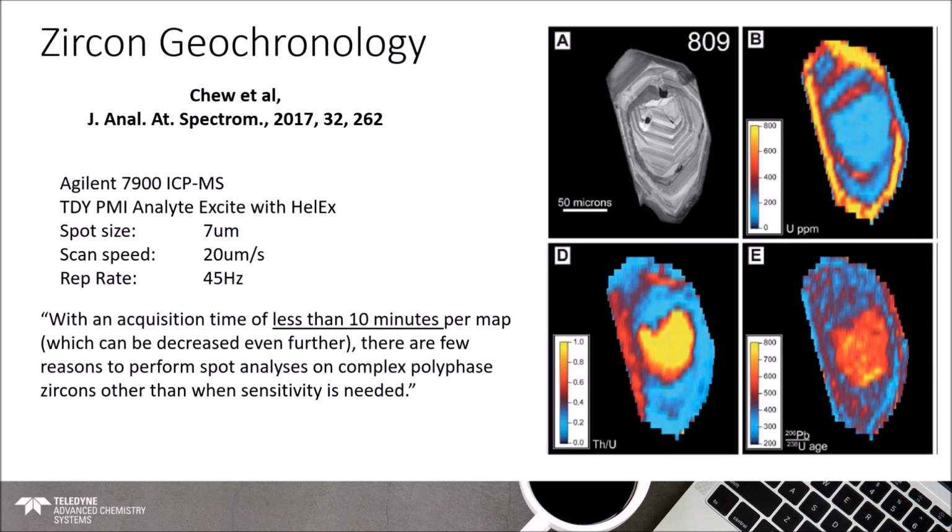What we've seen more and more now, because of the smaller spots that are possible and the speeds that are achievable, is that people are looking at mapping the entirety of the crystal. You'll see here, this crystal can be mapped in less than 10 minutes, and the amount of information that can be gained is pretty profound in comparison to a single spot. Especially with the smaller spot sizes that are being used, oftentimes we're able to see growth rings that may have otherwise been missed.